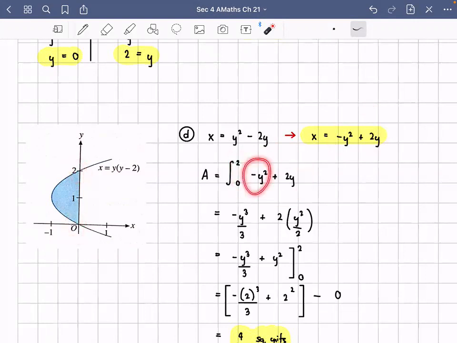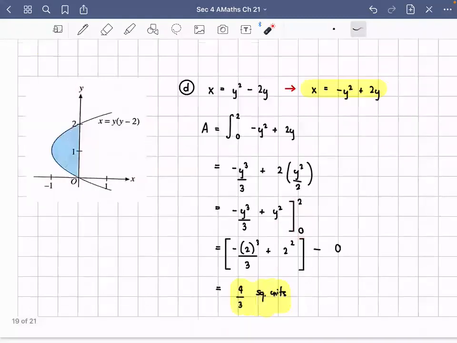So this one is negative y squared, so it becomes negative y cubed over 3, plus 2y becomes 2y squared over 2. Simplifying this, cancel this, bring down this, and so it's basically just y squared again. So let's evaluate this from 2 to 0.